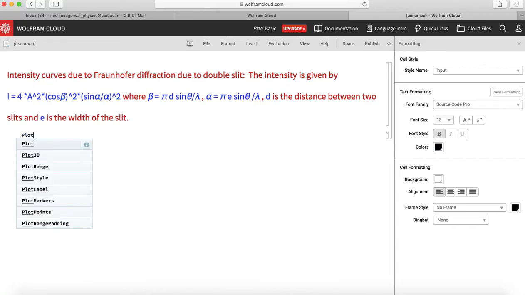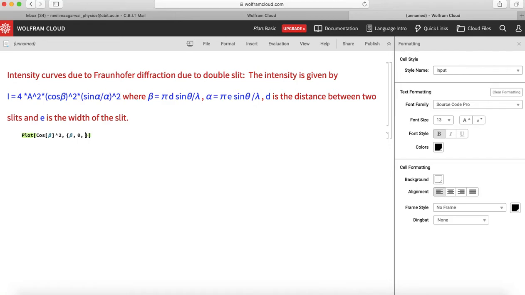So let us plot cos square beta, and now we specify the range of beta as minus 6 pi to 6 pi.